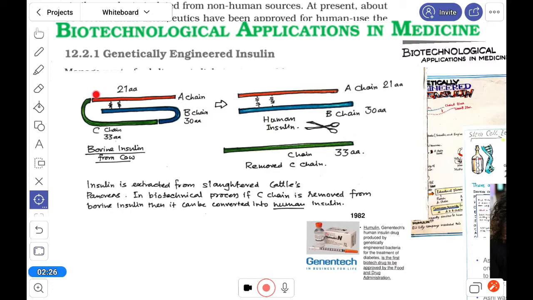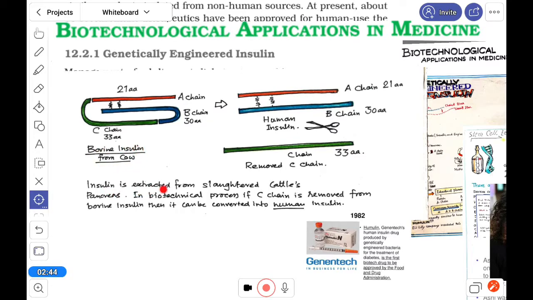Here chain A is 21 amino acids, chain B is 30, and chain C is 33, which is found in the bovine insulin from the cow.